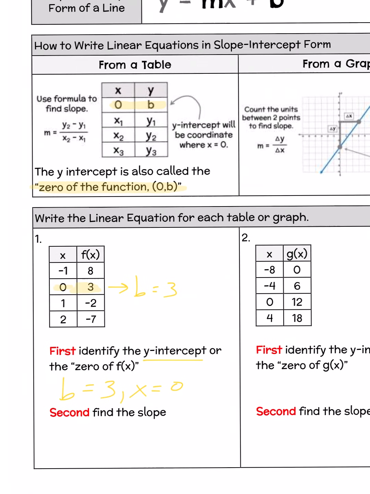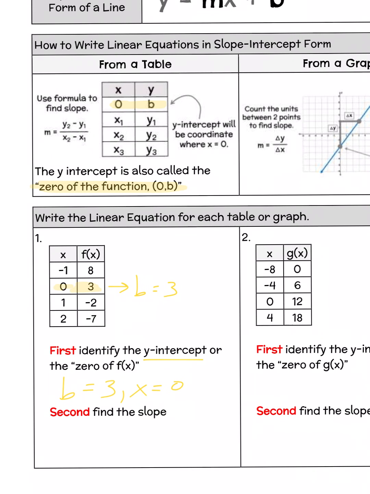The next thing I'm going to look at is, how do I find the slope? We've done this before, but we'll go ahead and look at it again. We're going to look at the change in y over the change in x. We're going to take two y points that are connected together on the table and subtract them from each other.